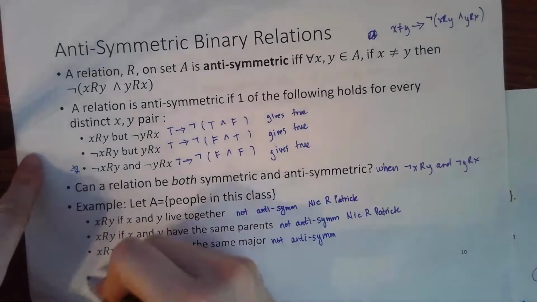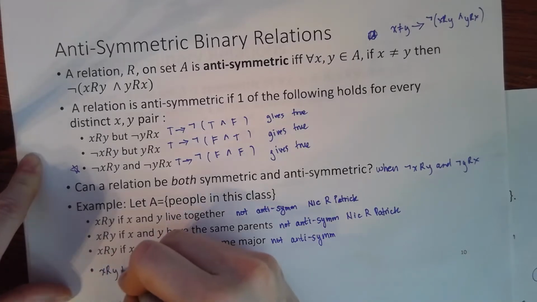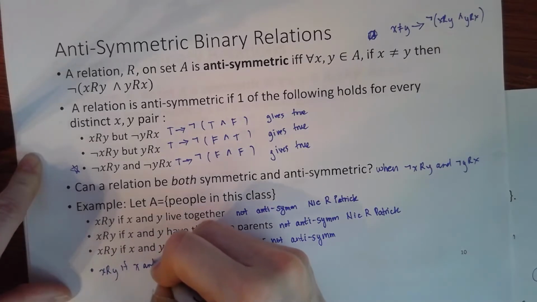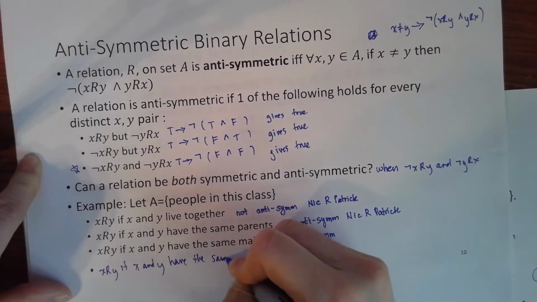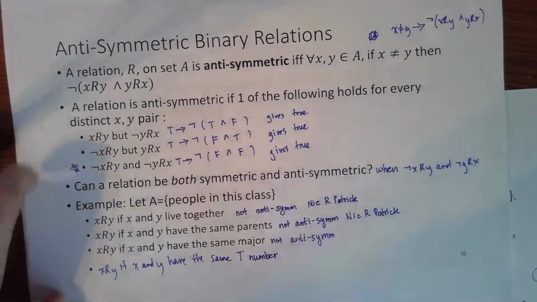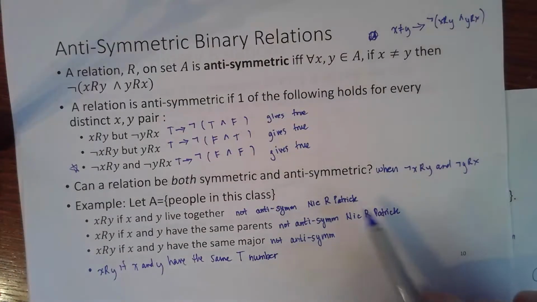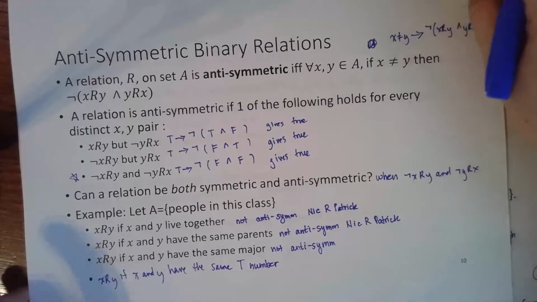We might want to add a new one, like X is related to Y if X and Y have the same T number. I had to come up with an example where Nick and Patrick wouldn't have the same, okay, I think they have the same birthday, they have the same hair color, they have the same, okay, picture.